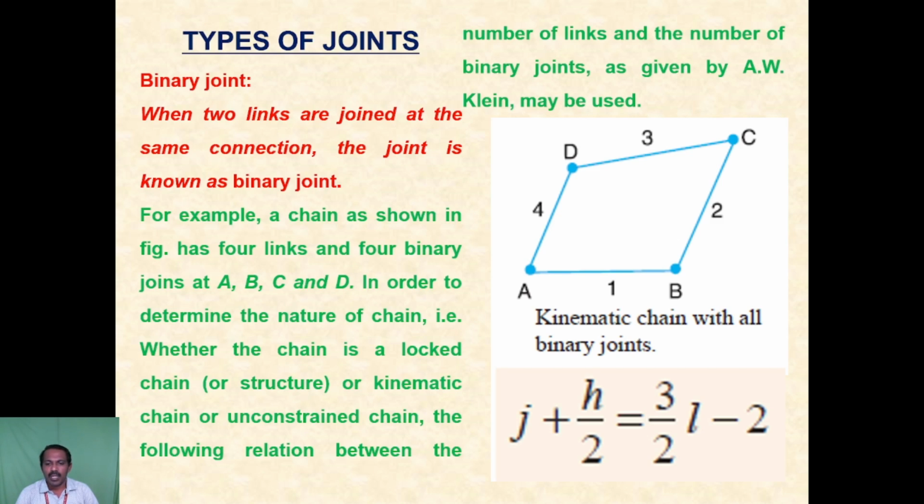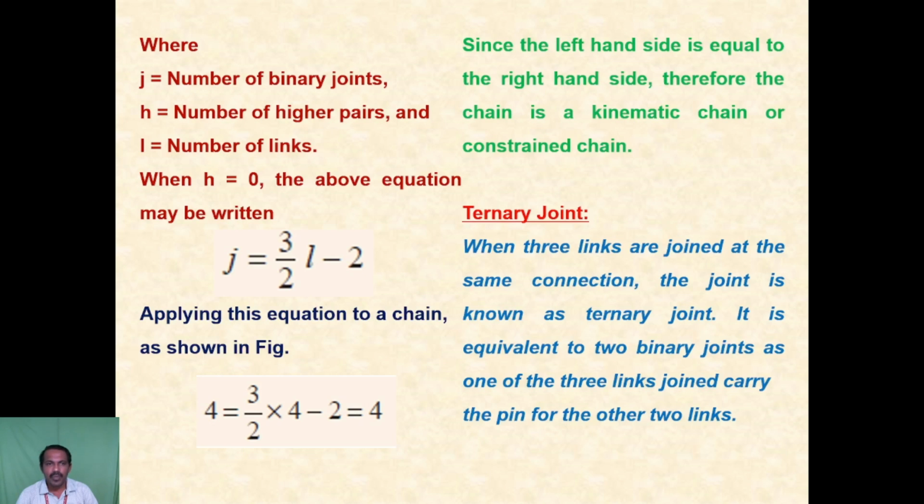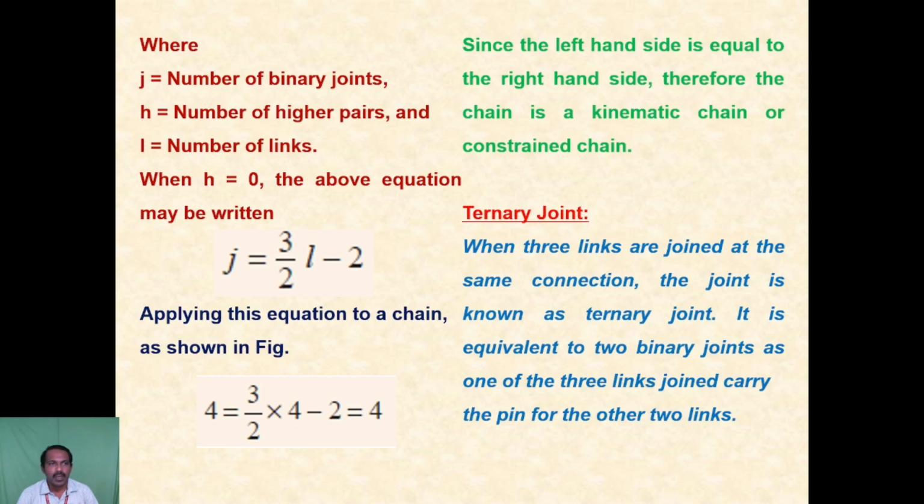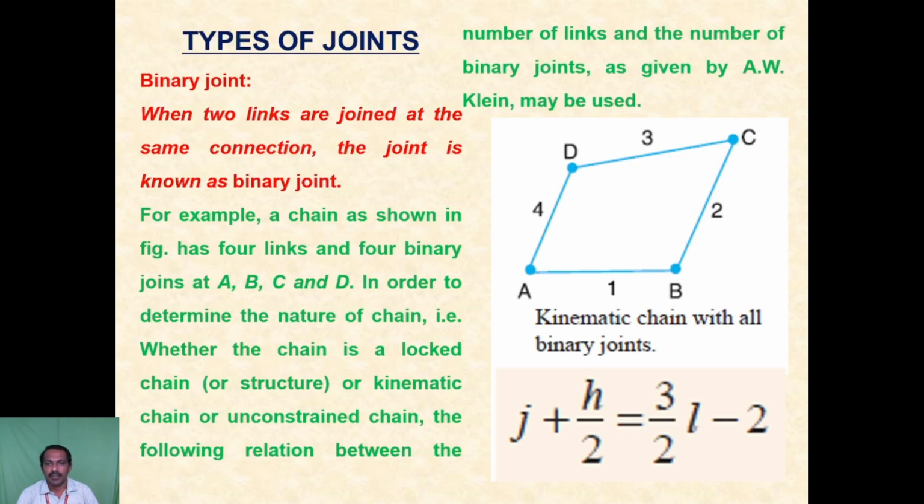Here one formula is there: J + H/2 = (3/2)L - 2, where J means number of joints, H means number of higher pairs, and L means number of links. In this diagram, the number of links is 4 and the number of joints is 4, so J = 4 and L = 4. H is equal to 0 because a higher pair, which has only line contact or point contact, is not there.